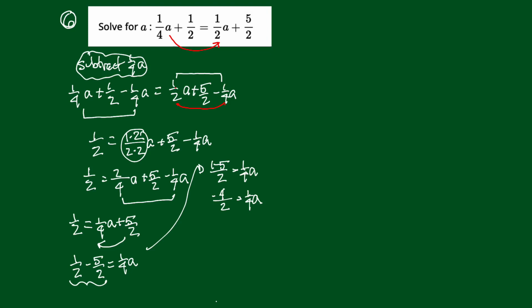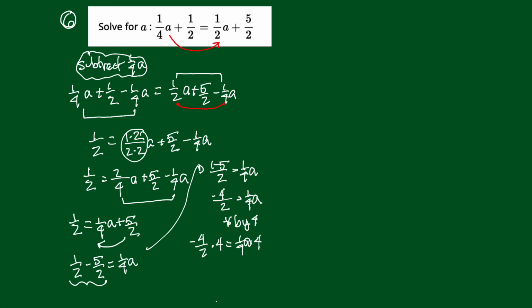I just want a 1 there. Now, we're dividing by 4, so I'm going to multiply both sides by 4. It'll look like this. Negative 4/2 times 4 equals 1/4 A times 4.